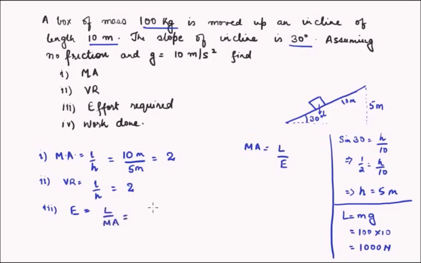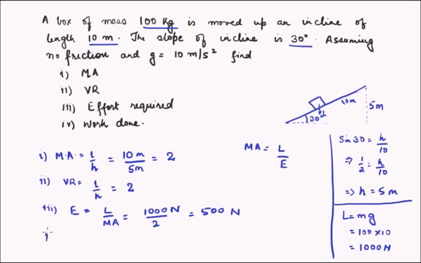The load being 1000 Newton and mechanical advantage being 2, we get the effort required as 500 Newton. So 500 Newton is the effort required to move the block of 100 kg up the incline, instead of 1000 Newton, which would have been required if we directly lifted the box vertically up. So the effort required is reduced to half.